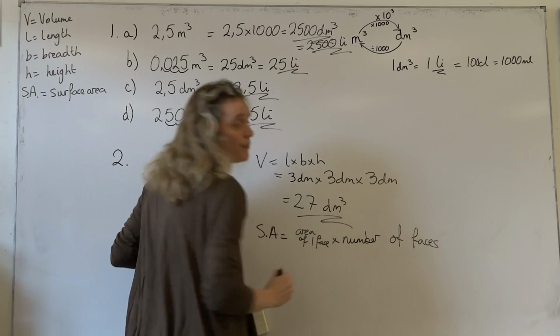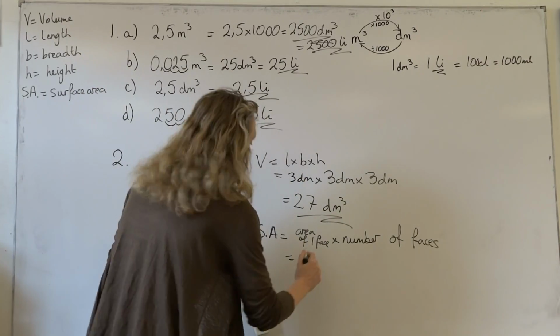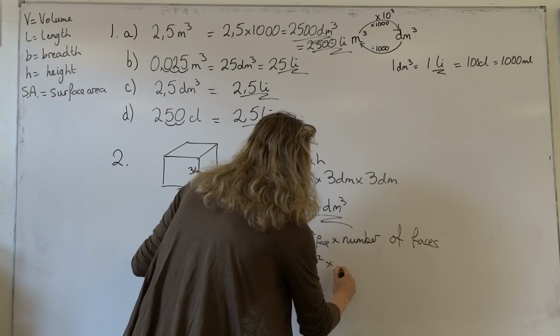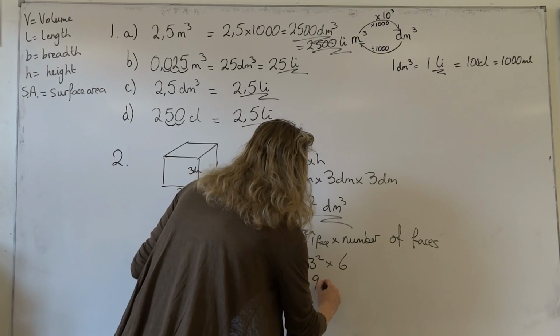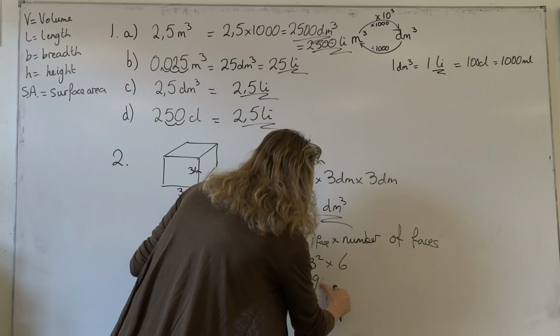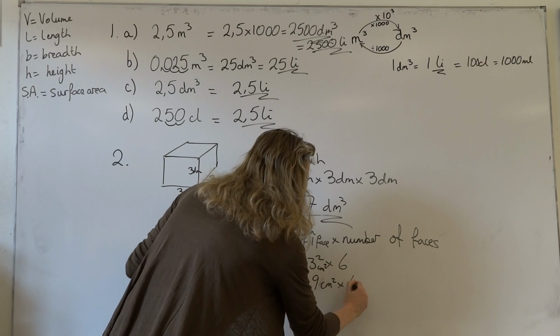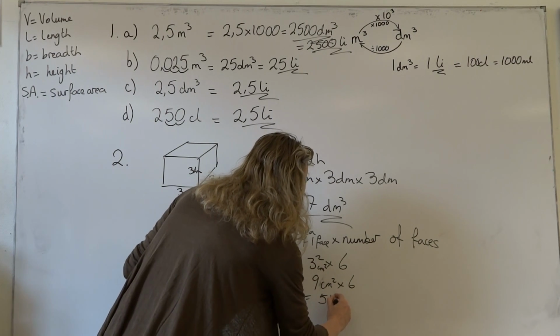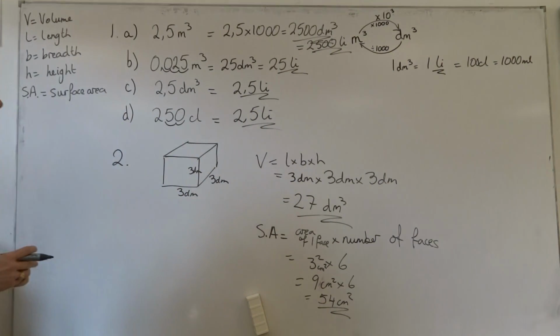Because it's a cube, we know it's the area of one face multiplied by the number of faces. So we'd get 3 squared multiplied by 6 faces of a cube. So 9 times 6, 9 decimetres squared times 6, giving us 54 decimetres squared. The surface area of the cube.